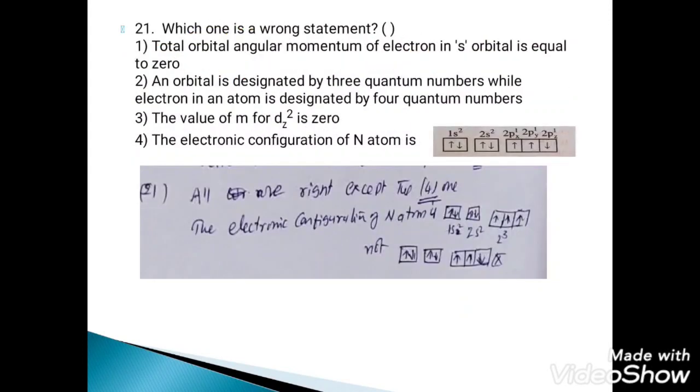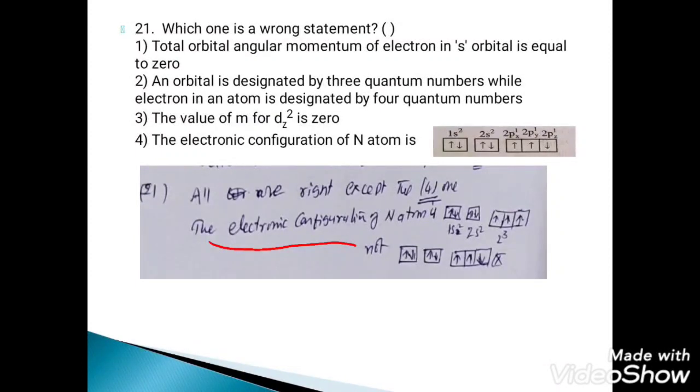Next, coming to the 21st question, which of the following is the wrong statement? The orbital angular momentum of an s orbital is equal to 0. Equal to 0 means the orbital quantum number, the total angular momentum of the electron, is 0 because it is symmetrical.